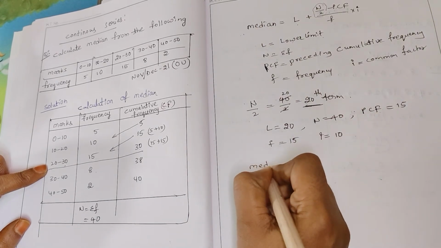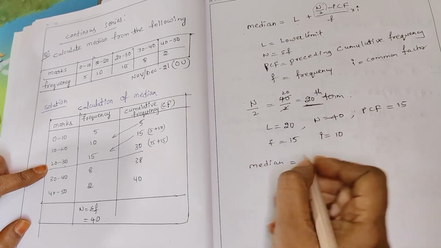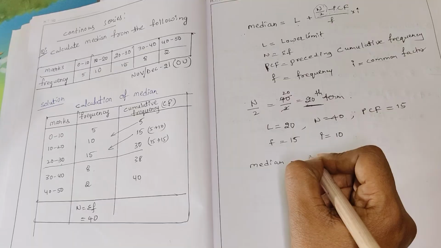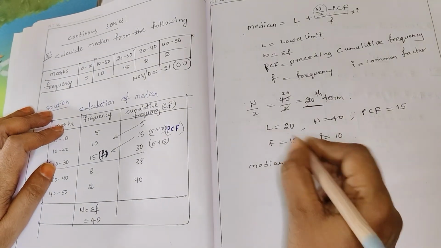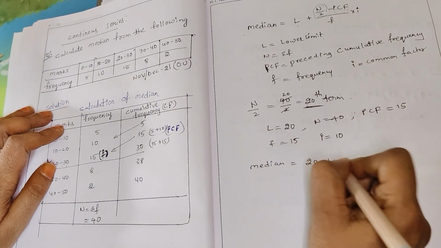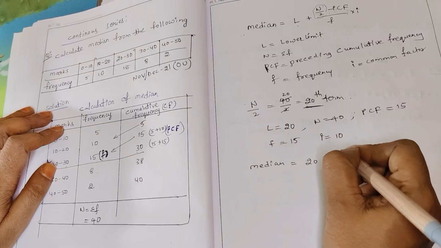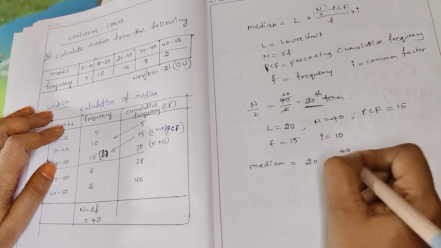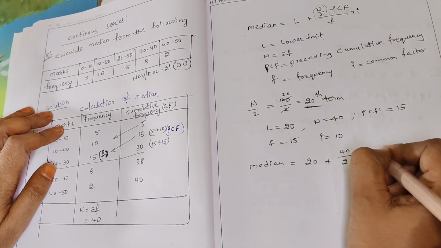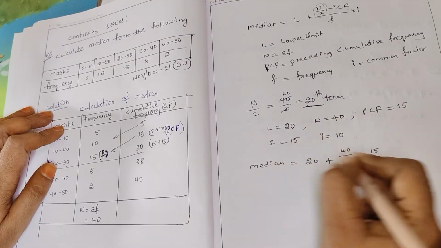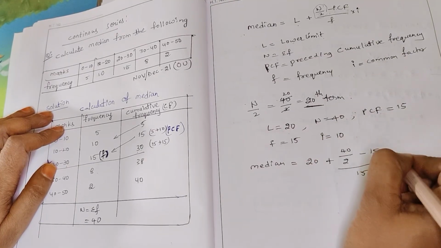So median is equal to L, which is 20, plus n by 2, where n is 40 divided by 2, minus PCF 15, divided by f 15, into i 10.